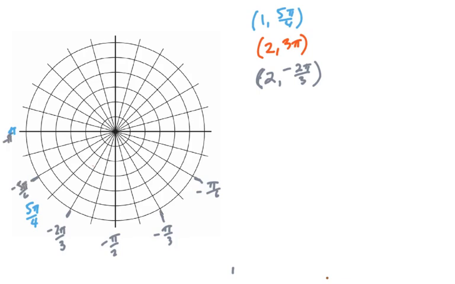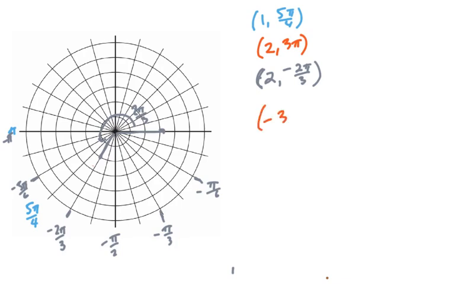And negative pi. So negative 2 pi over 3 is over here with the radius of 2. So we would draw our initial axis, our pole, and draw our point. And this is 2 pi over 3. Now, polar graph paper is not something people tend to carry around with them. So just keep that in mind.